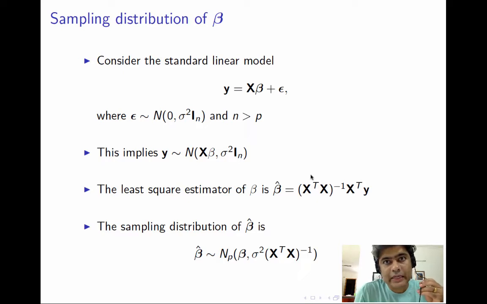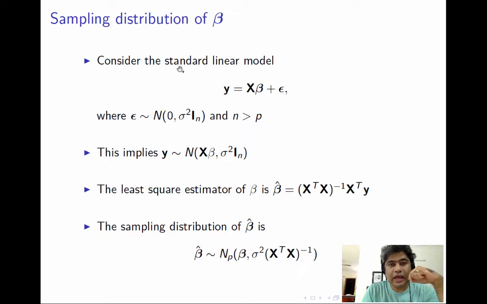So in this lecture we will mainly focus on statistical inference of regression coefficients, or statistical inference of linear regression models. First we will focus on the sampling distribution of the regression coefficient beta.